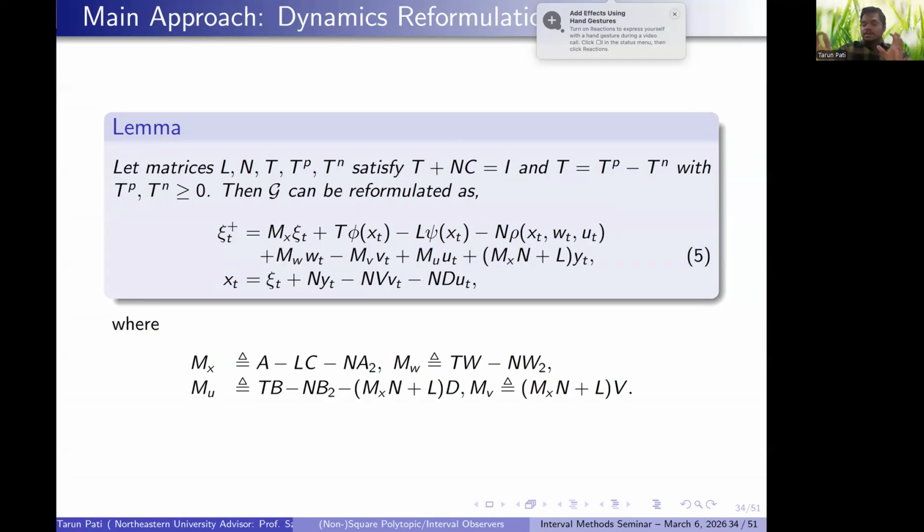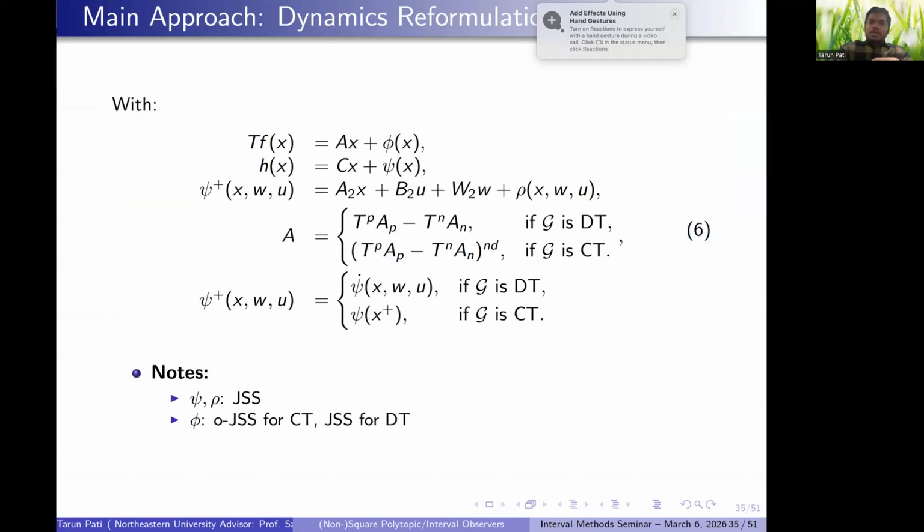TP and TN are element-wise positive matrices, and it is a known fact that any matrix can always be split into a difference of two positive matrices. Using that idea and the transformation T plus NC equals I, we reformulate our dynamics into new coordinates using these reformulation equations.